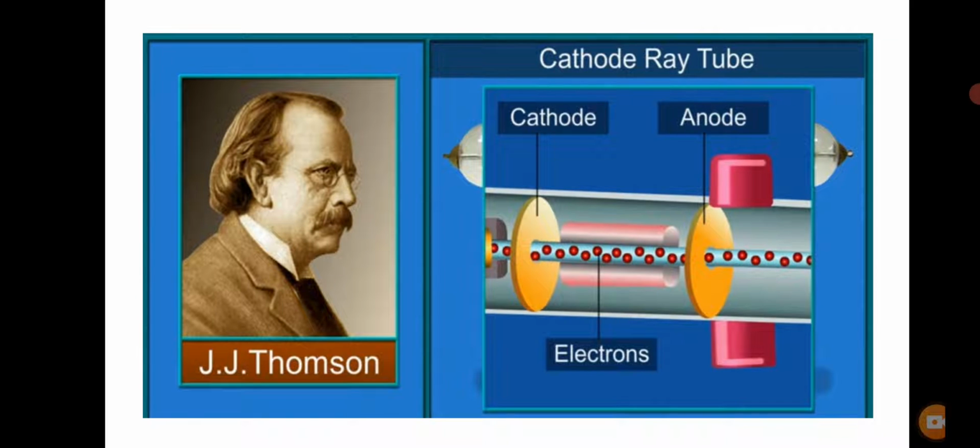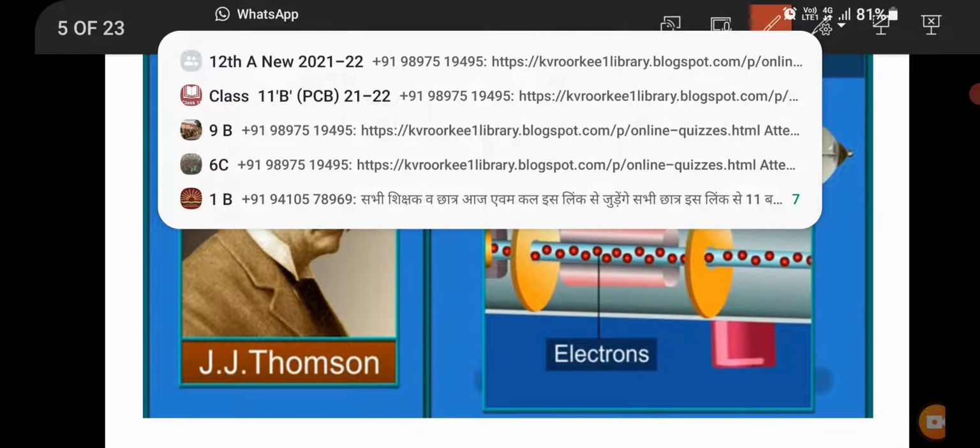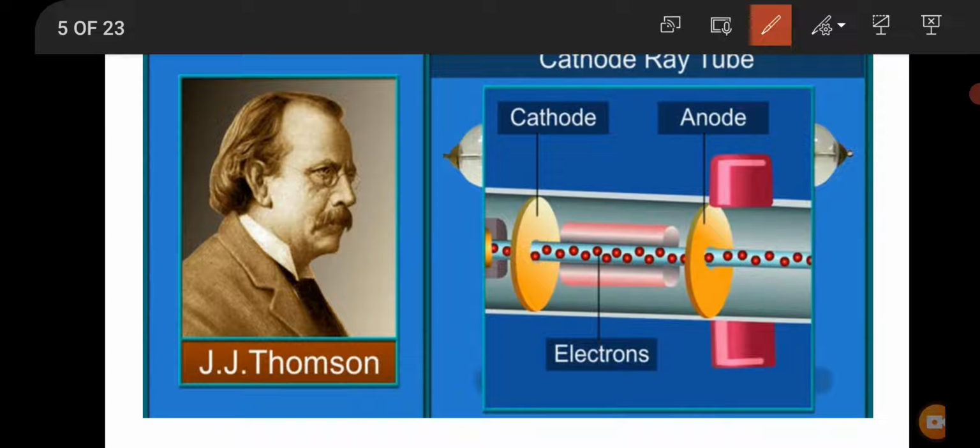Later on in 1900, J. Thomson performed the cathode ray experiment in the same discharge tube, and he found that certain rays are emitted from the negatively charged electrode, and these rays were moving from cathode towards anode. Means these contain negatively charged particles, and these negatively charged particles were called electrons.